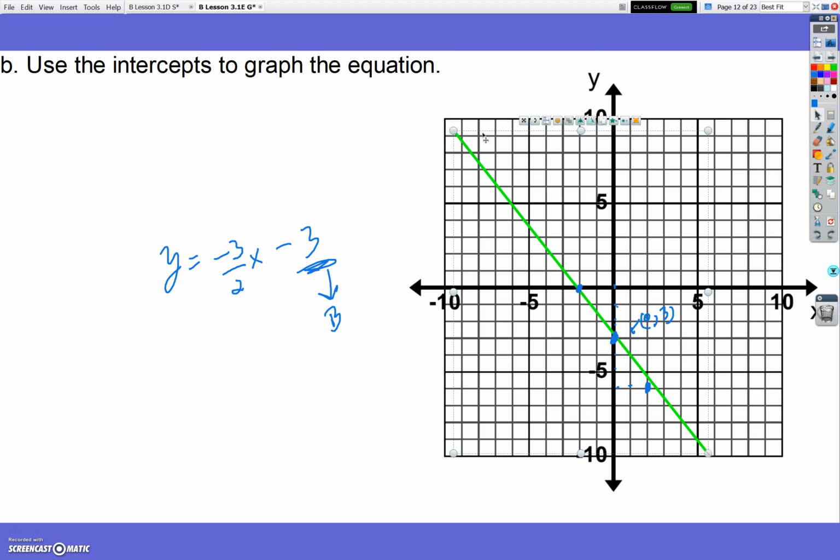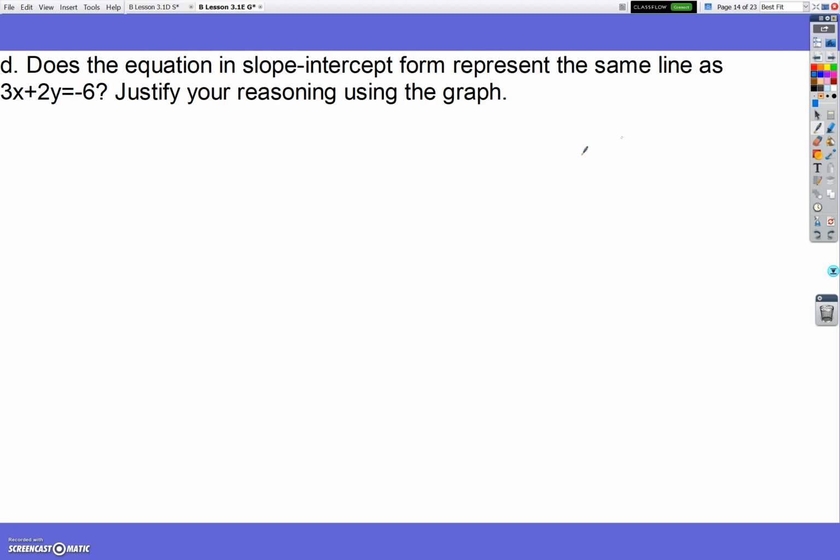So if I just rotate it a tad, there we go. That's a little bit better. Let's look at that again. Starting at this point, if I did my slope of going down 3 and to the right 2, those would land on each and every point. So, does the equation in slope-intercept form represent the same line?